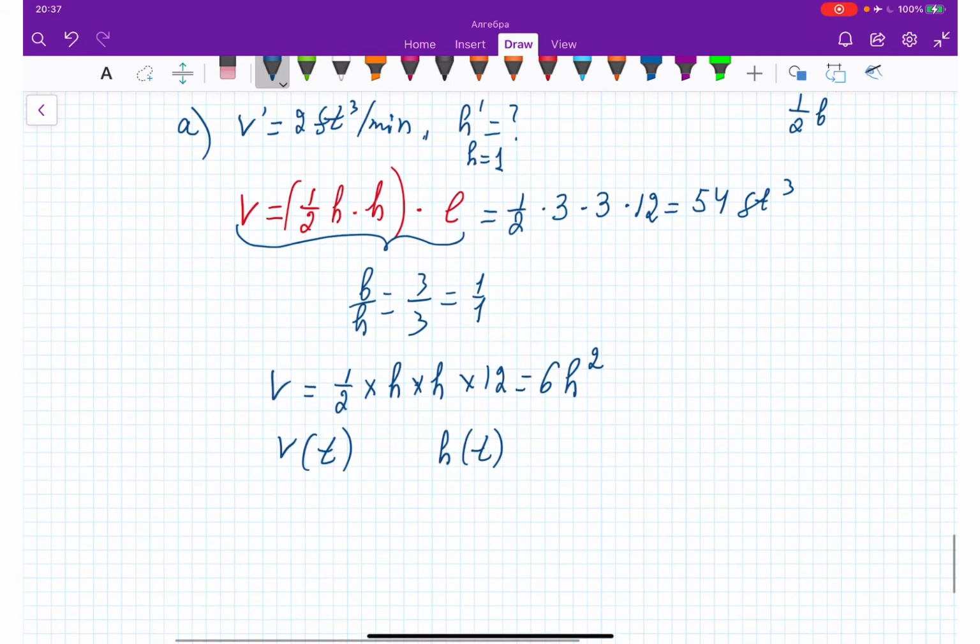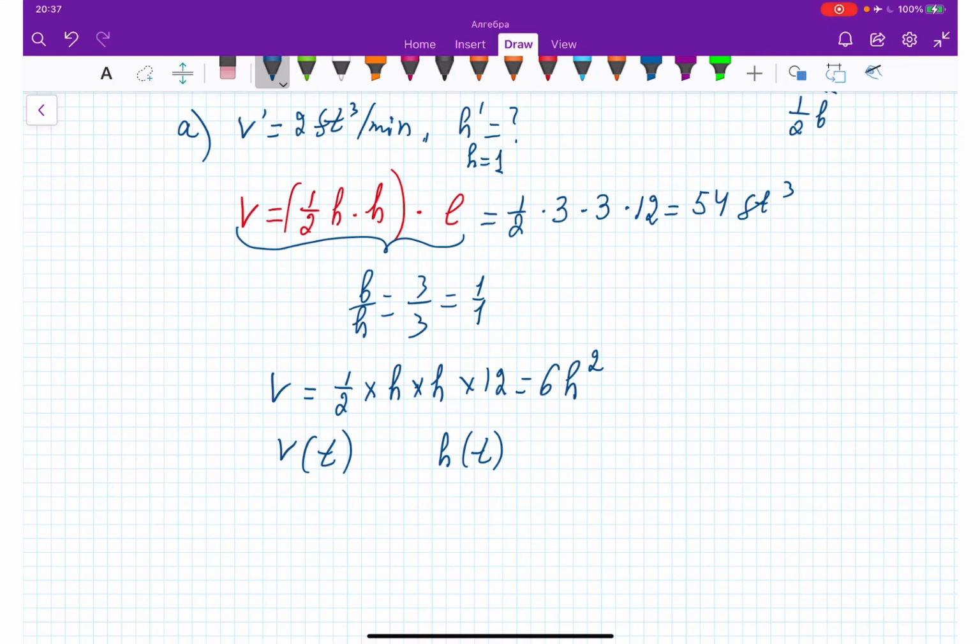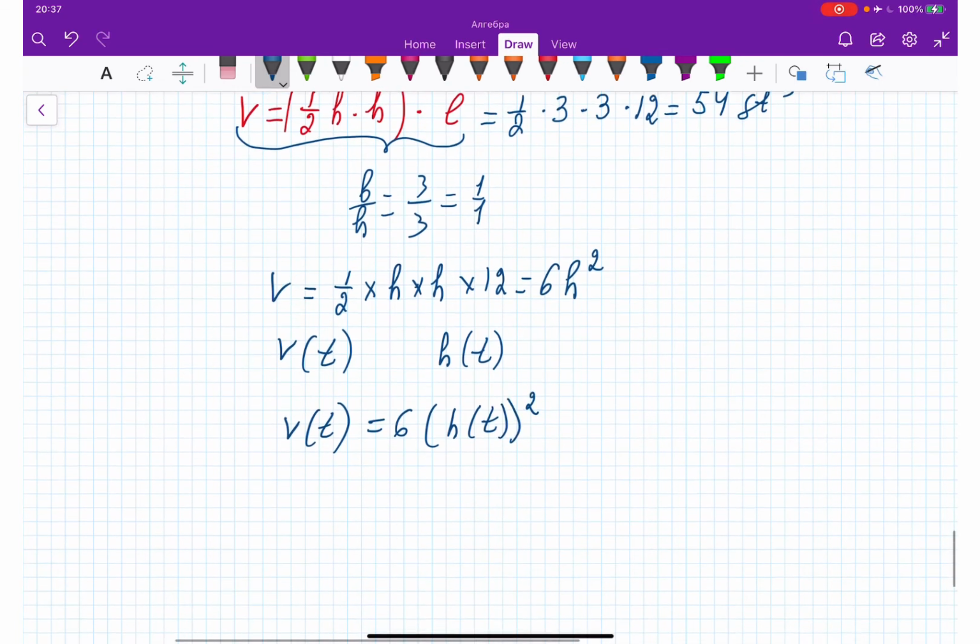Therefore, I can write V of t, because it's a function of t, equal to 6 times h of t squared. Okay?